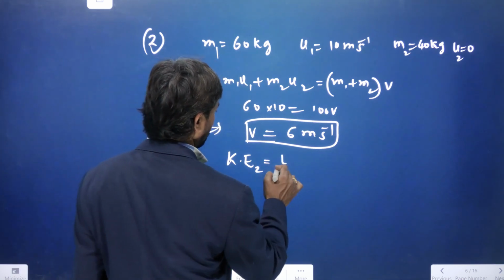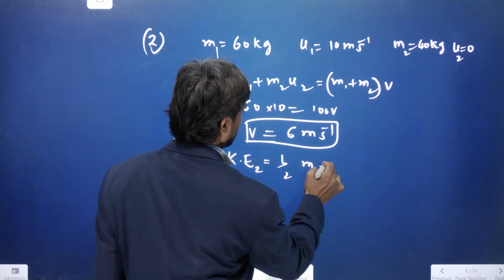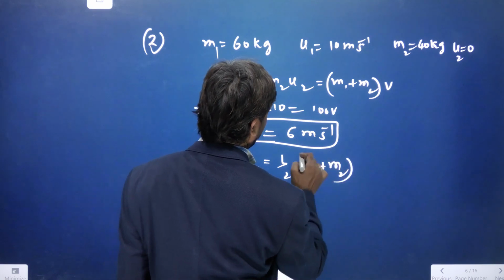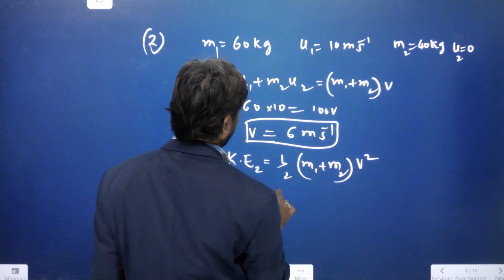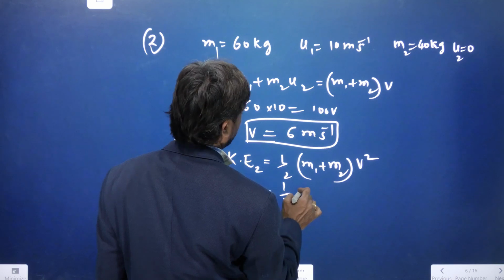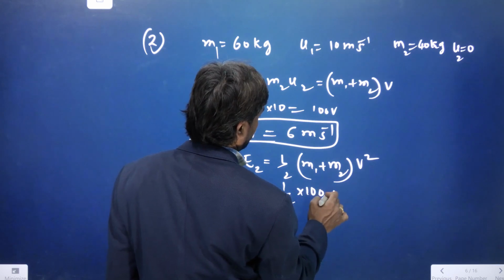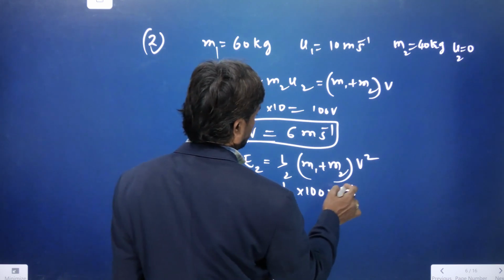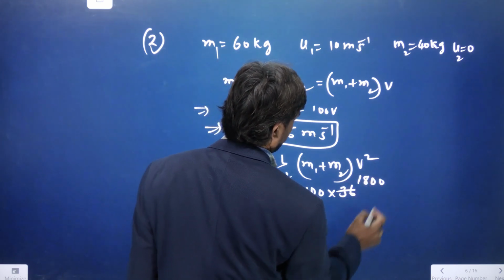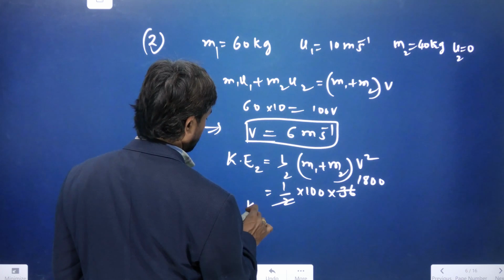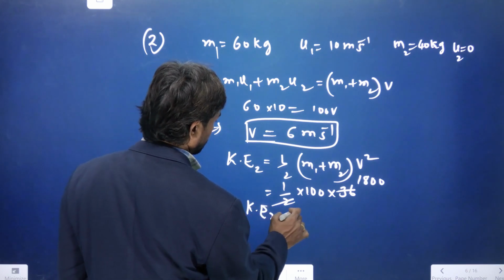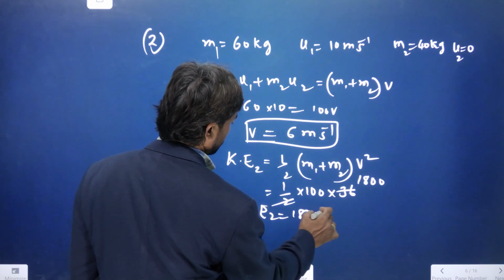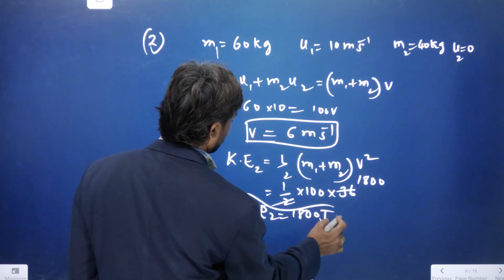So K2 is half into m1 plus m2 into v square. Half into 100 into 36 gives 1800 joules. So K2 is equal to 1800 joules.